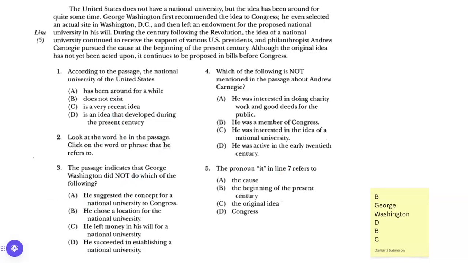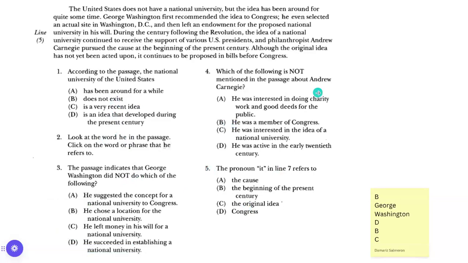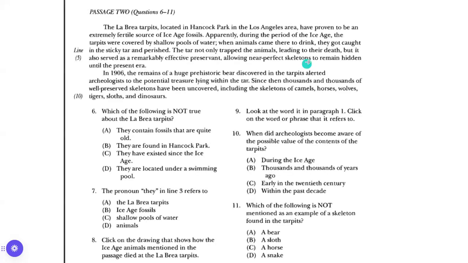Number 4, B, he was member of Congress. And number 5, C, the original idea. Okay, I'll let you work individually on this one.